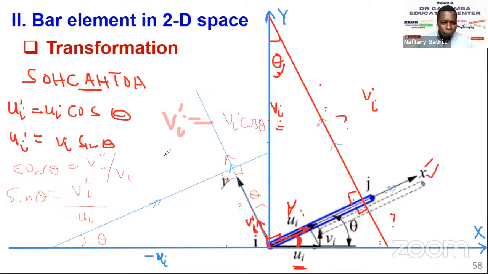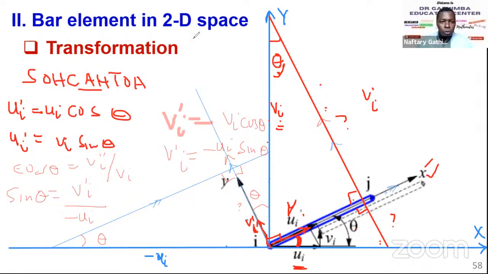And from this one, we have v prime i will be equal to minus u i sine theta. I hope we are together up to that point. I hope you have not lost anybody.